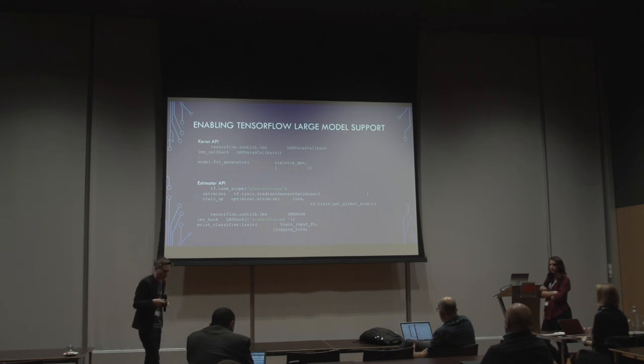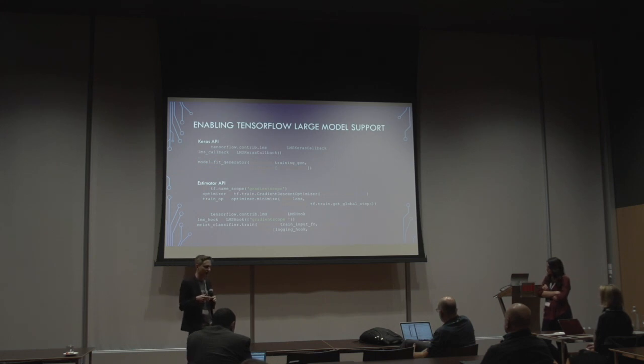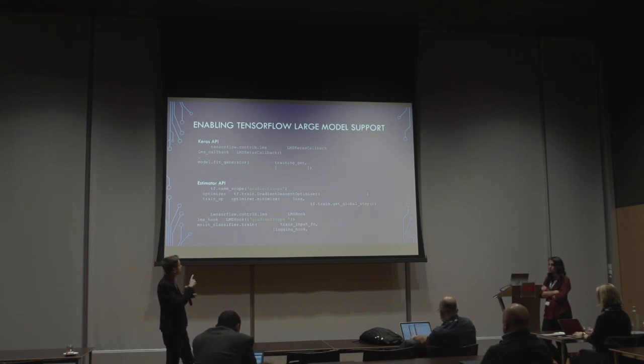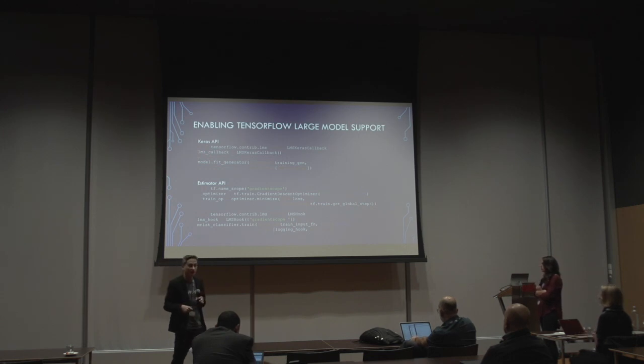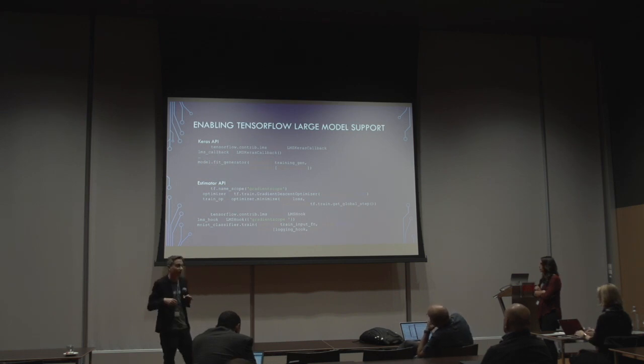In TensorFlow, the two main high-level API sets that people use are either Keras or the Estimator API. There are a couple of different ways of using TensorFlow, but this is about enabling it in these two. In Keras, you just enable an LMS Keras callback object, and you pass that into the model fit generator API, and that's it.